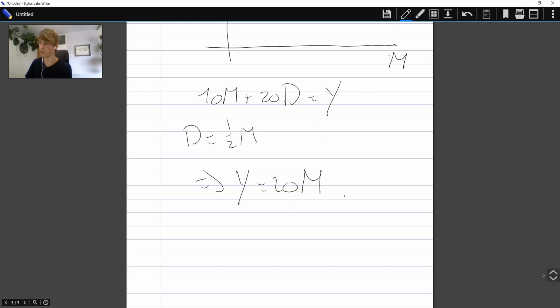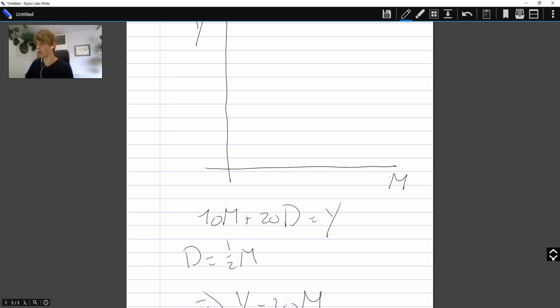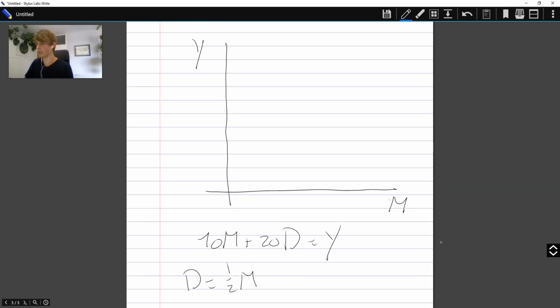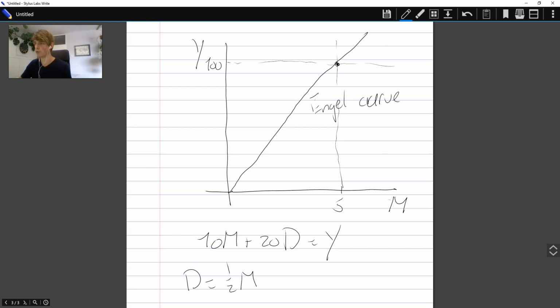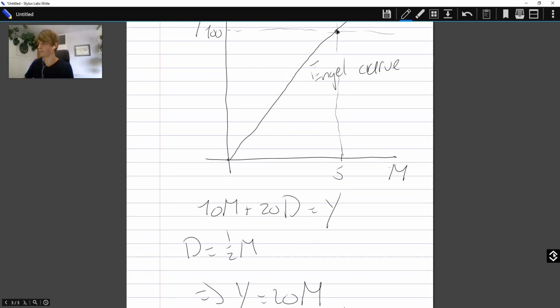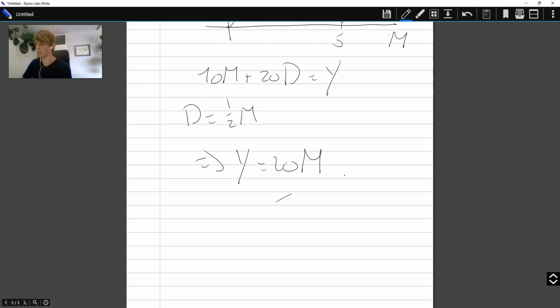So we find income as a function of movie tickets, or of course the way to think about it is the movie tickets as a function of income. And so we can draw this line. It crosses here. So this is our Engel curve, just a straight line through the origin and this point, this function.